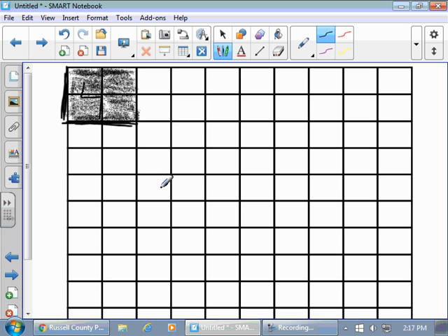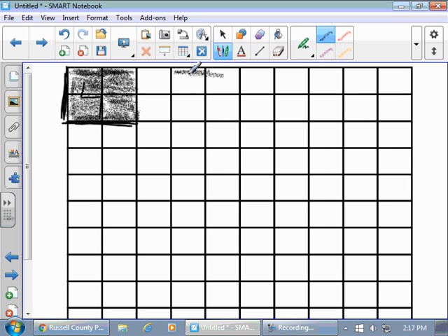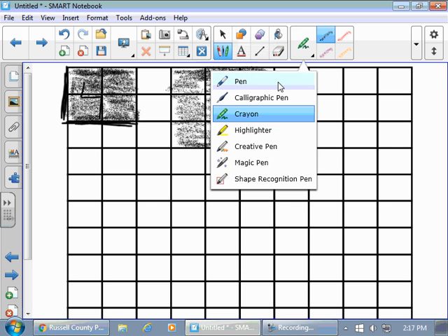So what might a perfect square of something with a unit of 3 look like? So I'm going to color 3 over and 3 down. So how did you get that? Okay, you can count the boxes. What's another way you could do it?